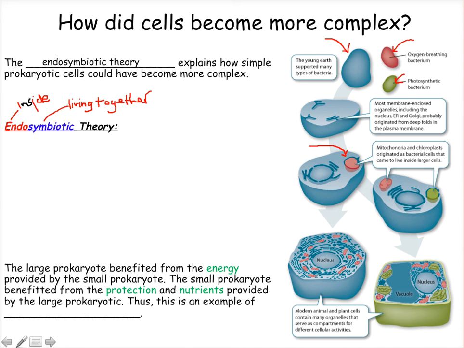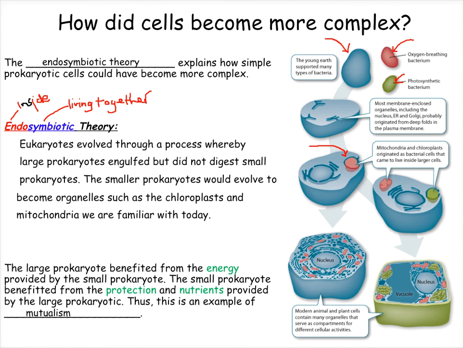So this term literally defines itself. It means that it's a type of symbiotic relationship where one organism lives inside the other. I think I have this already written down for you on your slides, but you may want to underline some important parts. We've got large prokaryotes engulfing, but not digesting, small ones.